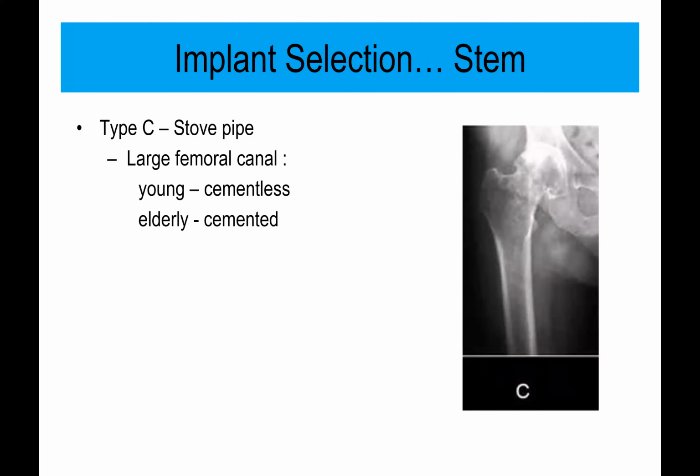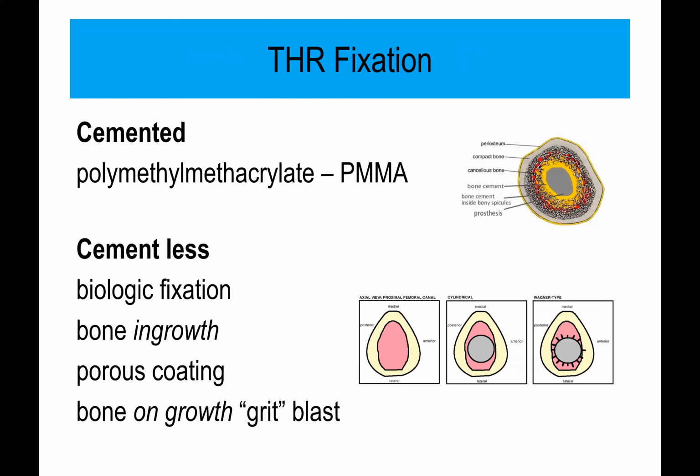And type C is a stovepipe or large femoral canal. The inter-observer and intra-observer reliability of the Dorr classification changes according to seniority and experience of the surgeon. It was very low for junior surgeons, but excellent, high for senior surgeons. So this is one point you can consider when you choose the implant.